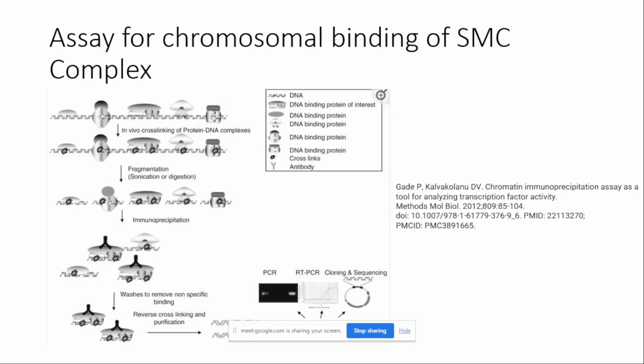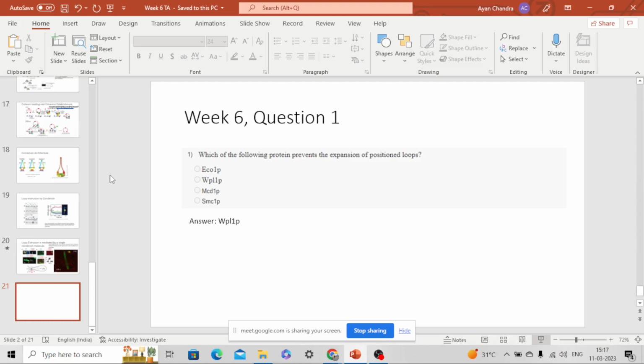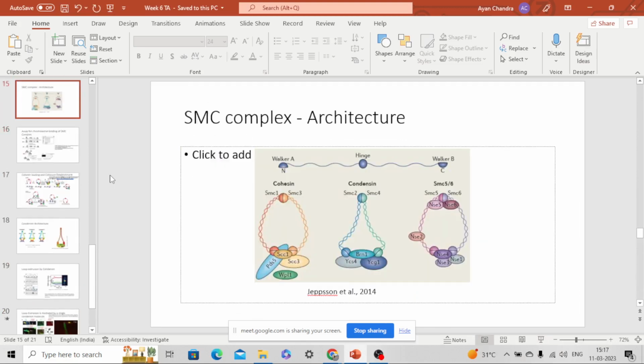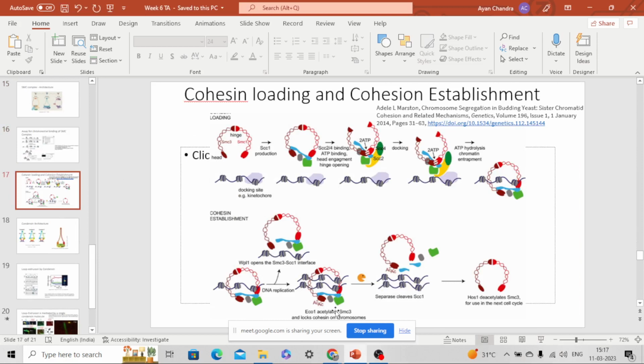From this slide you can see that for maintaining the cohesion, for maintaining the entrapment of the chromosome inside the loop of cohesin, you need ECO1, because ECO1 will acetylate SMC3, which will keep the cohesin ring closed. But WPL1 opens the SMC3-SCC1 interface, and as a result the cohesin becomes an open complex and is deloaded from the DNA.